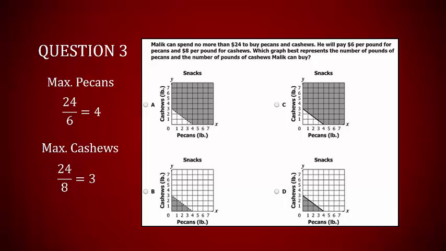And we should be shading down because it's limited by how much money he has. I accidentally clicked it earlier, but our answer is D, because it's shaded below, and it's a solid line, meaning it includes those points.